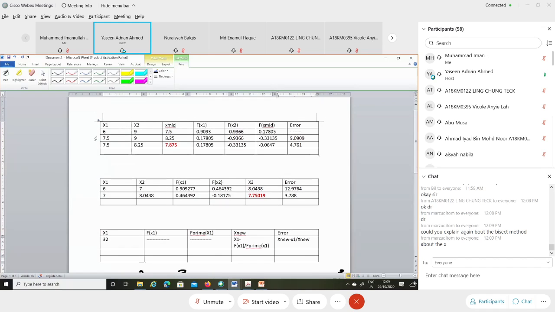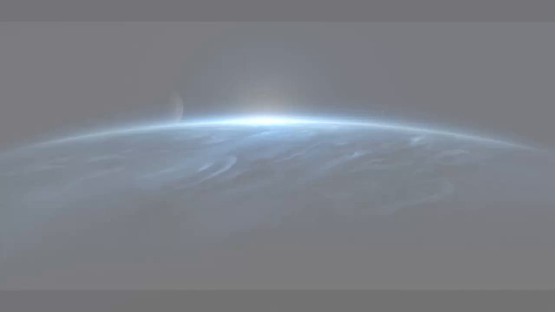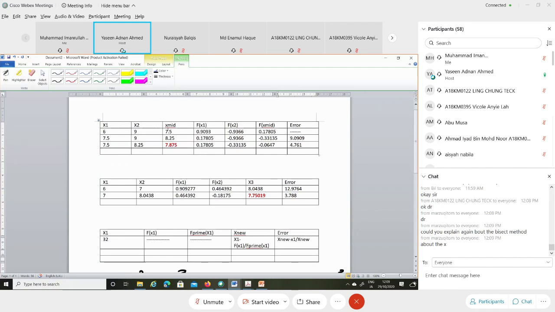Okay, for example, I'm explaining again. In the bisection method, you have to start with two pre-assumed values. For example, 6 and 9 are already given. So x mid will be the average value, 6 plus 9 divided by 2. Then f of x1 is just, if you have a function, put in the value of x1 and you get f of x1. In the same function, put in the value of x2 and you get this value.